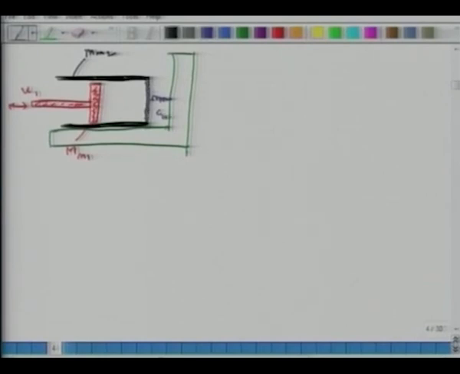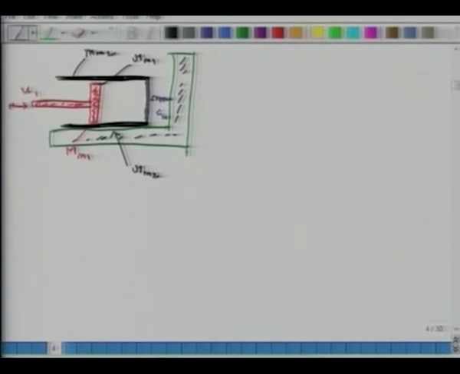The friction between the piston and the cylinder, we designate as Rm1, and the friction between the cylinder and the frame on this surface is Rm2, and this is the ground plane. So this is rigidly held.